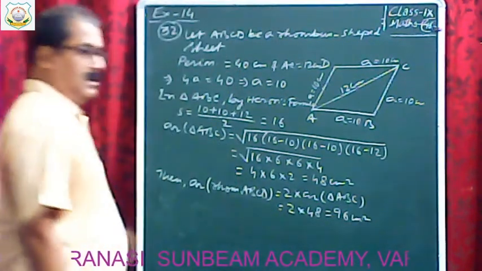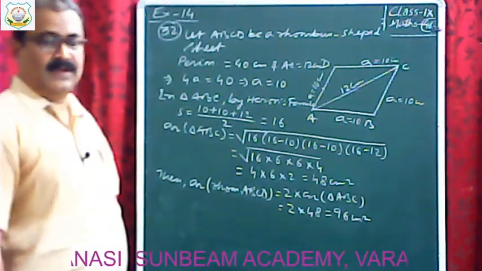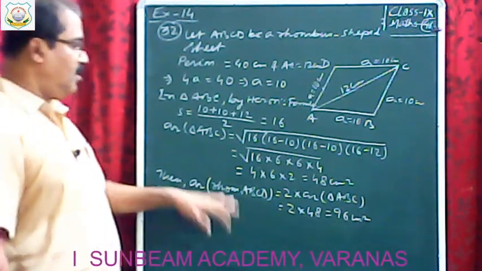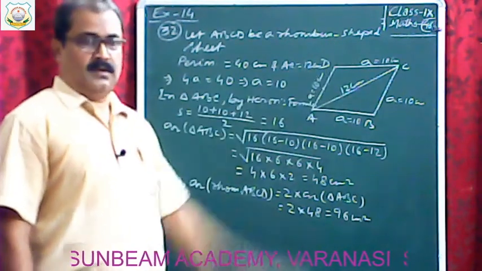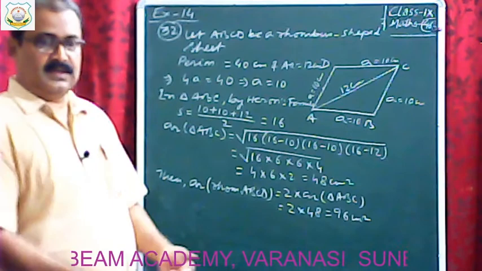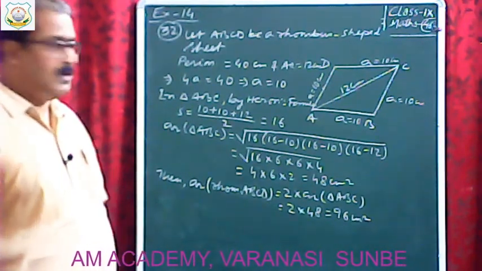square. Okay, now thereafter you have to find the cost of printing both the sides. We get the area of rhombus. So one side we have is 96 centimeter square. The other side is also 96 centimeter square. We have to make it double.